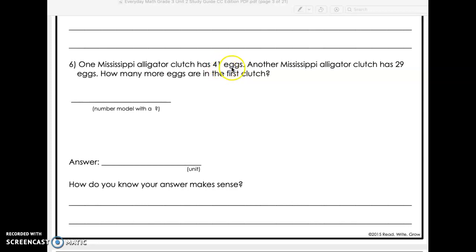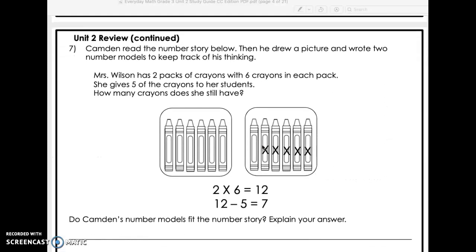So it says, how do you know your answer makes sense? Because it is less than 41. That's how it makes sense. If our answer turned out to be 72, that wouldn't make sense. So we know that 41 is bigger than 29. So the difference between those two is going to be less than 41. Okay, we're going to go on to the next one.